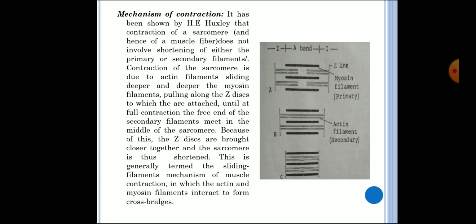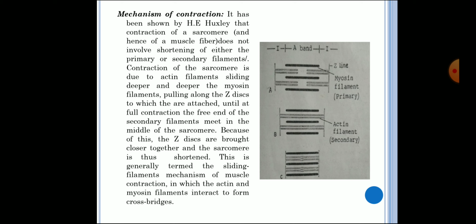The mechanism of contraction and relaxation of the muscle fiber occurs due to the actin and myosin filaments, as has been shown by H.E. Huxley. The contraction of sarcomere, and hence of muscle fiber, does not involve shortening of either the primary or secondary filaments.